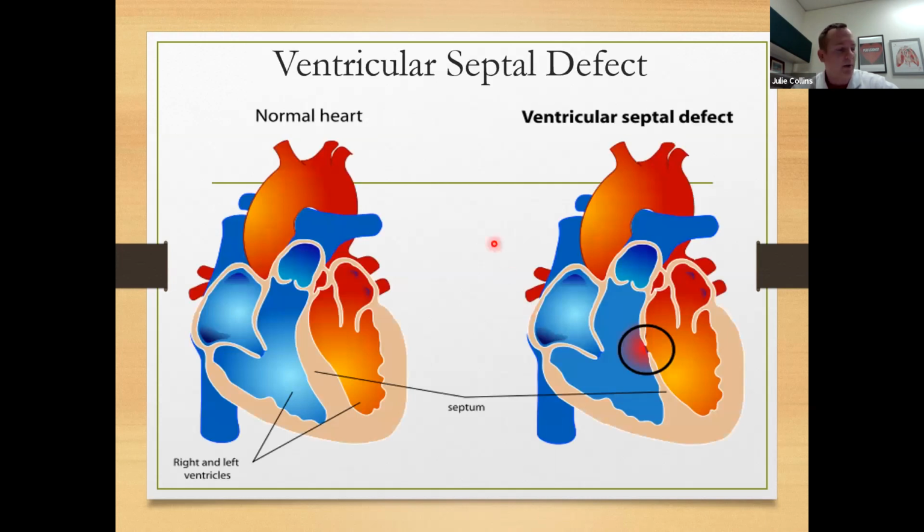VSD. What are the 4 types of VSDs? You'll have the conal, the paramembranous, the AV canal, and muscular. Awesome. Which one is the most common? Paramembranous. Good.